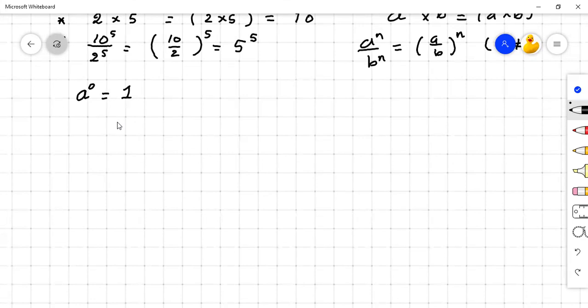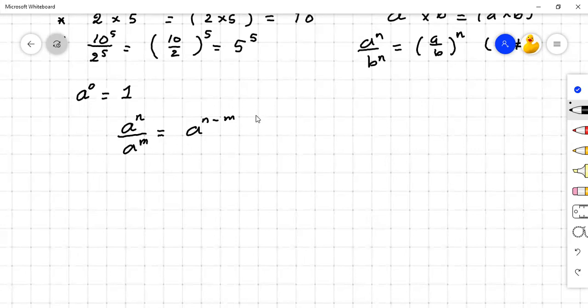As we saw, we talked about the property a power n over a power m is equal to a power n minus m.